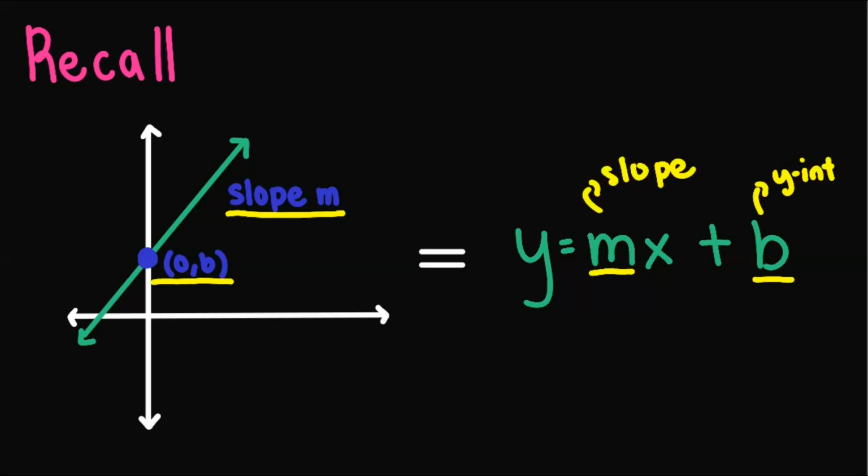Together, this equation is known as the slope-intercept form.